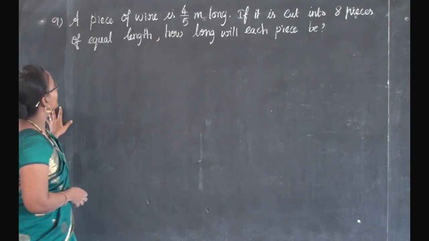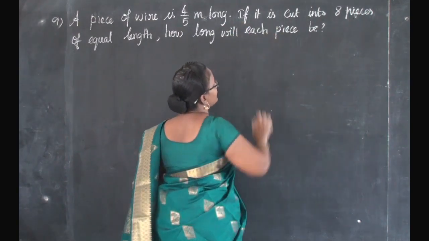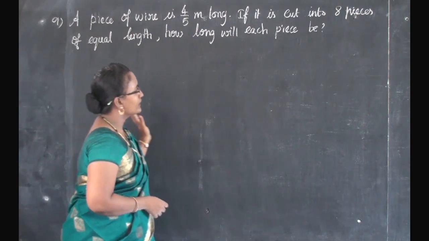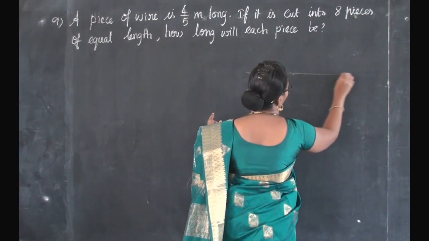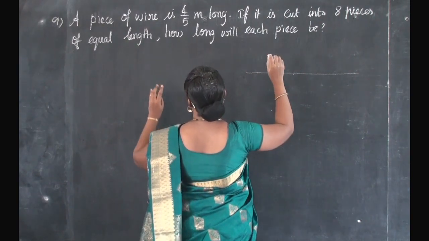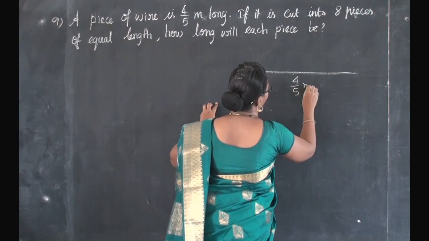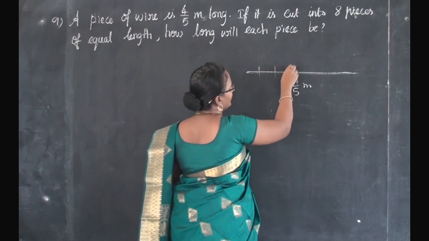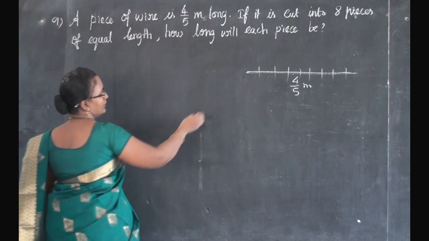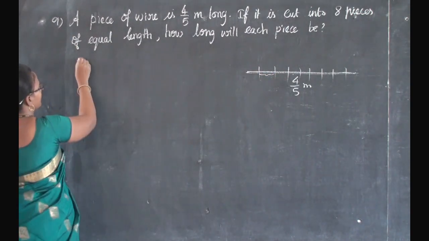Now the ninth one. A piece of wire is 4 by 5 meter long. If it is cut into 8 pieces of equal length, how long will each piece be? So the length of the wire is 4 by 5 meter. Cut into 8 pieces. So they ask the length of each piece. Listen here.